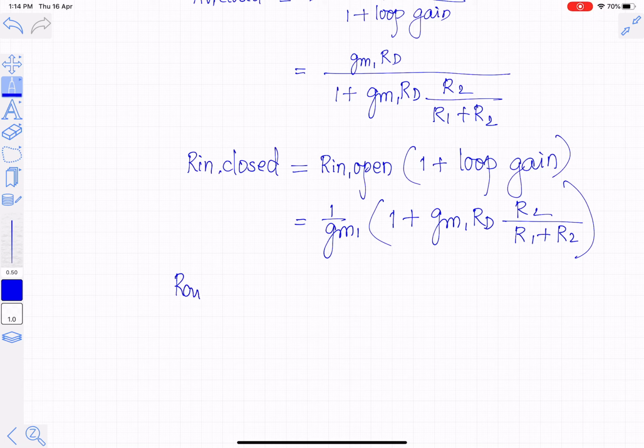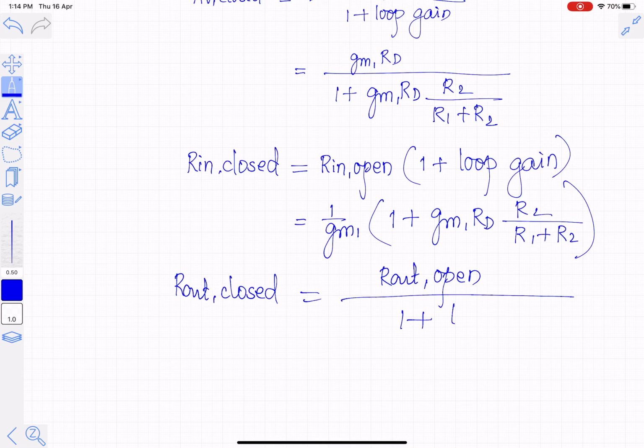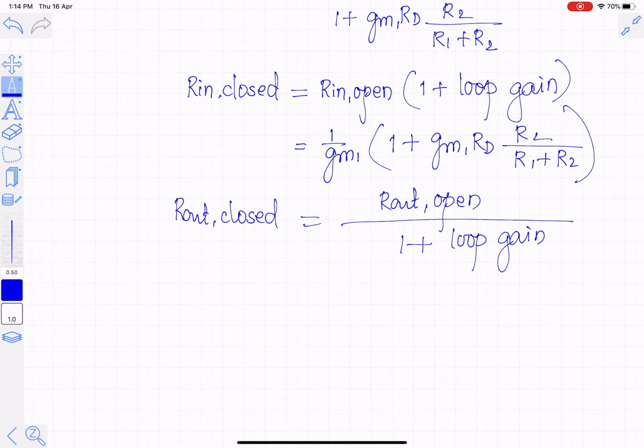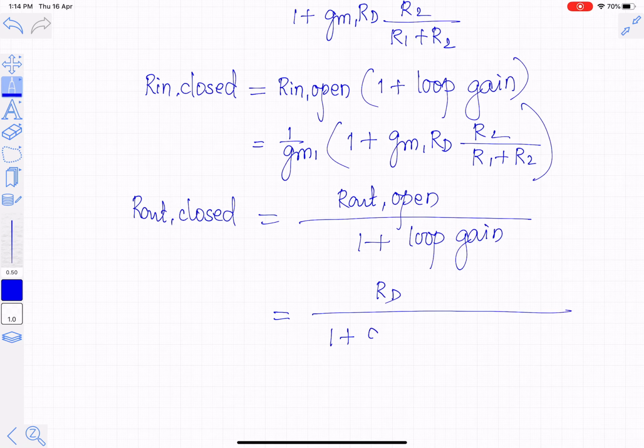R out closed is equal to R out open divided by 1 plus loop gain, so R out open is RD divided by 1 plus GM1 RD into R2 divided by R1 plus R2.